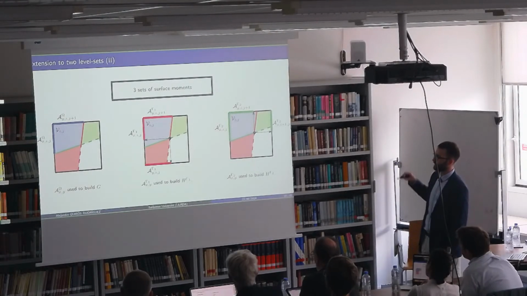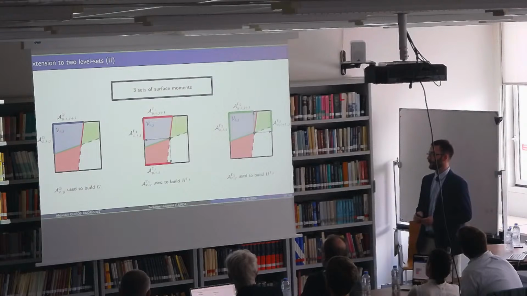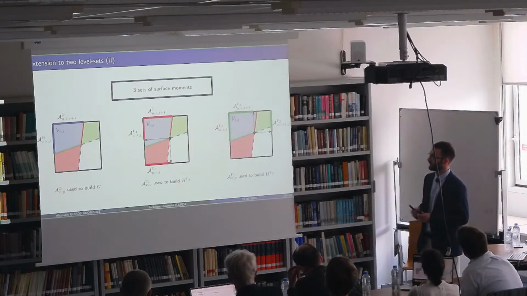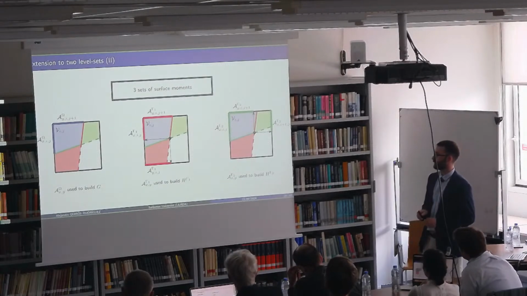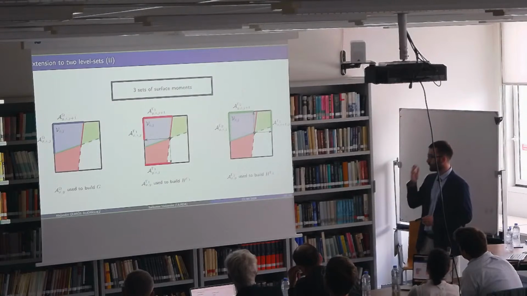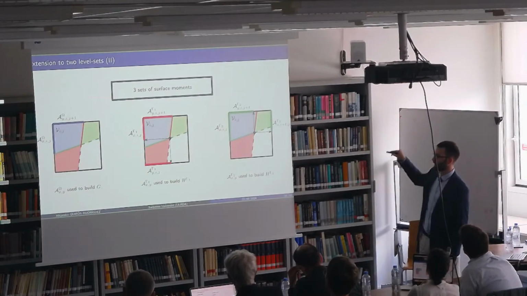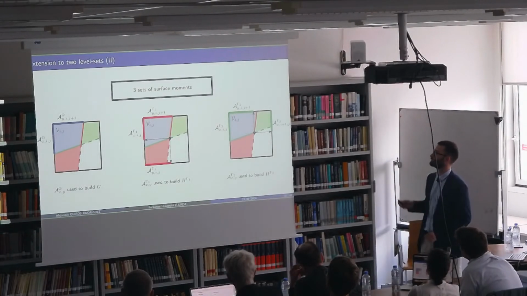One here at the left will be used to build the cut-cell operators that compute the contribution from the bulk field, and two different sets of surface moments will be used to build the operators that compute the contribution from the two different boundaries or interfaces, in red and in green.